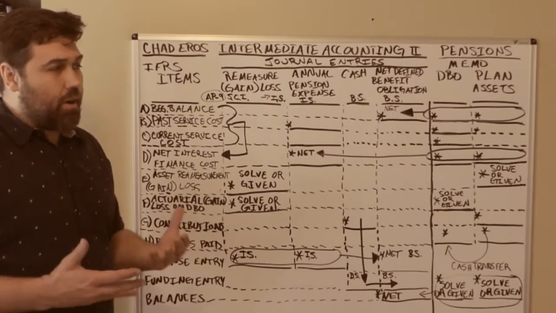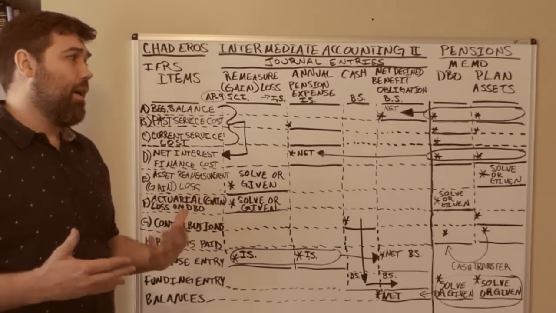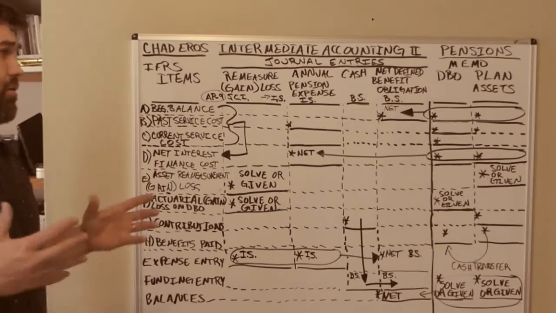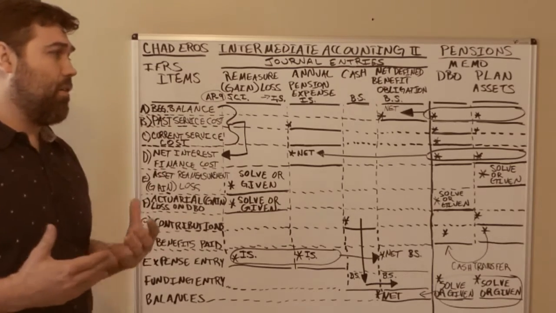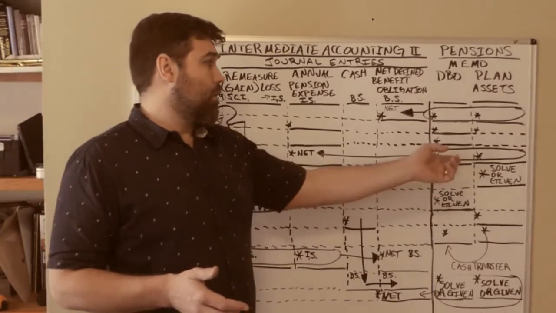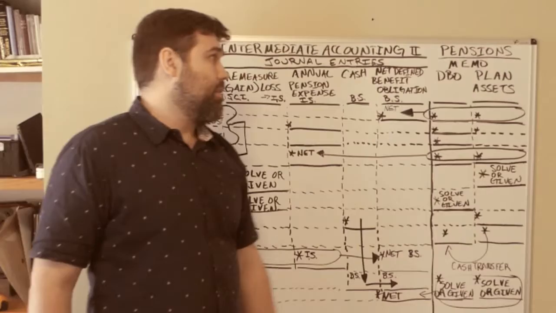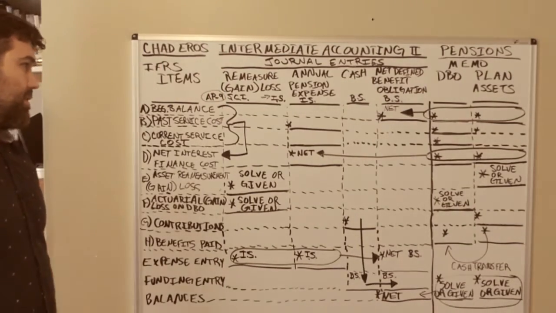But there could be an argument that the rate should be the same, and so I believe that the textbook publishers and the way that people are teaching it now, they just use the same rate for calculating your cost on this obligation and what you're going to earn on the plan assets.